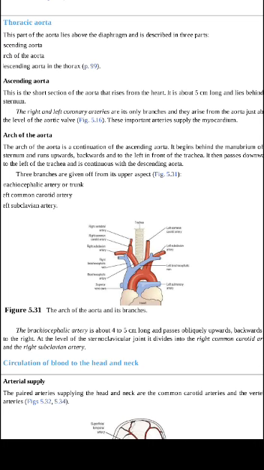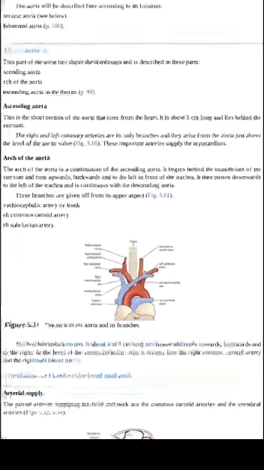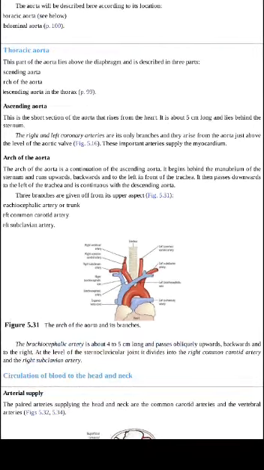The right and left coronary arteries are its only branches, and they arise from the aorta just above the level of the aortic valve. They are the important arterial supply to the myocardium, that is, these right and left coronary arteries supply the muscle of the heart. This is an important MCQ.